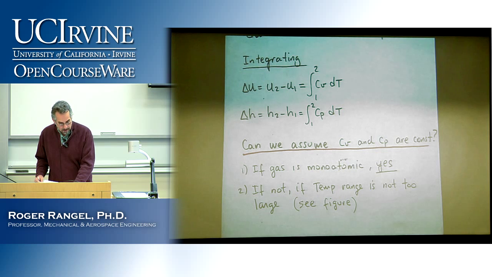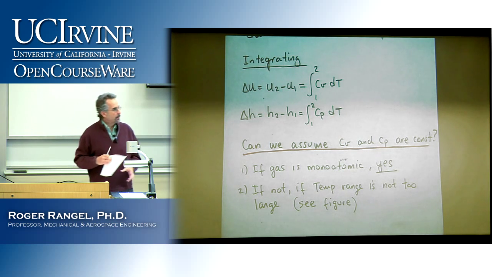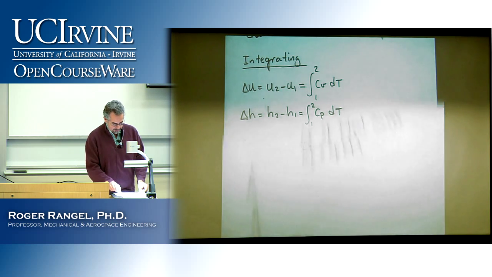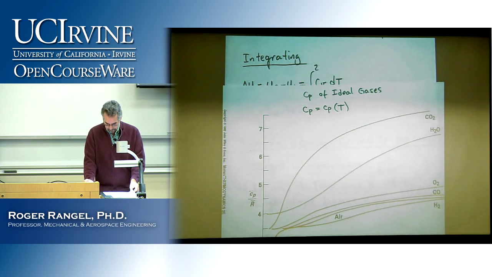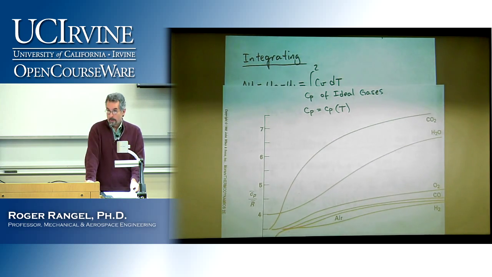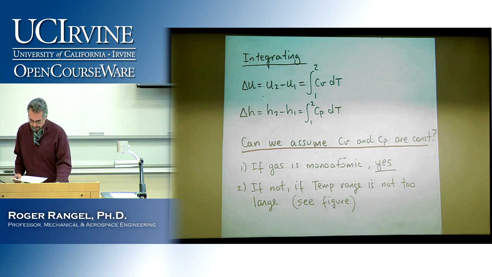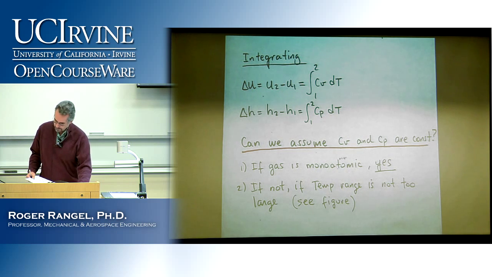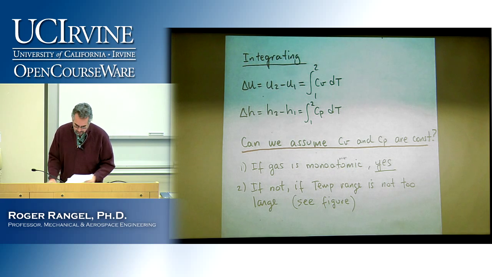But if it's a large temperature gradient, then you would need to know how to integrate this, because Cp is now a function of temperature. So you would have to do the actual integration. And there are tables that allow you to do the integration and so on.